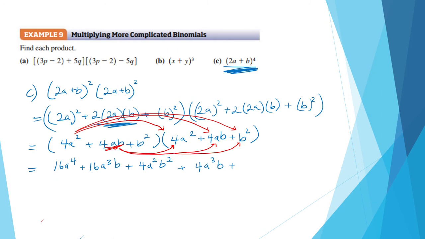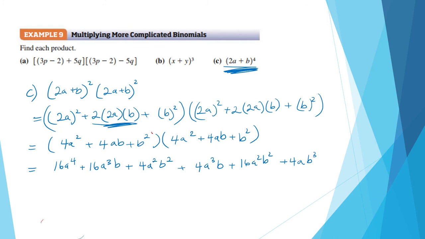Plus we have 4ab times 4ab, that's 16a squared b squared. 4ab times b squared is going to be 4ab cubed. And for the last set of multiplications, we're going to use the b squared on the rest of the terms. This gives me plus 4a squared b squared plus 4ab cubed plus b to the 4th.